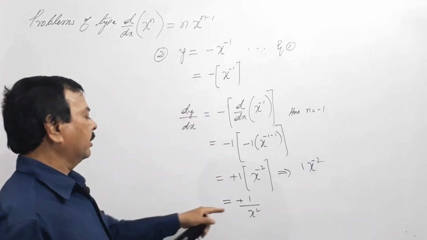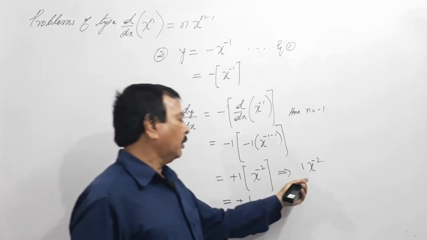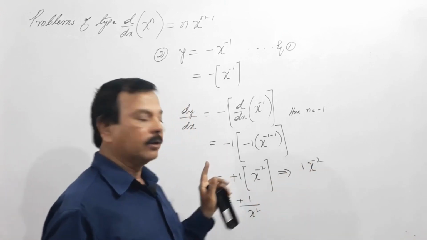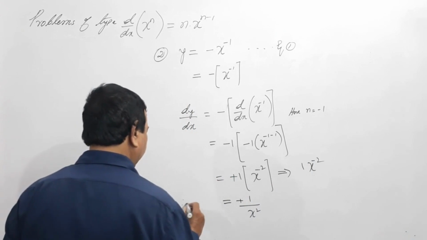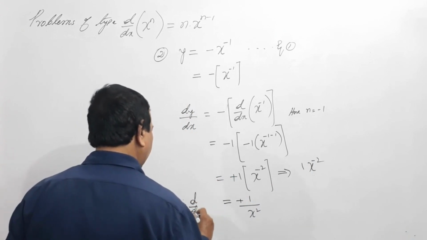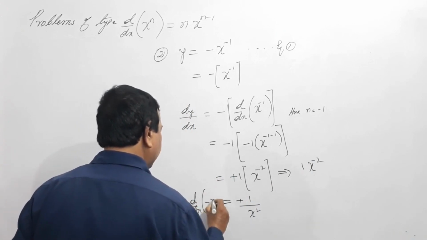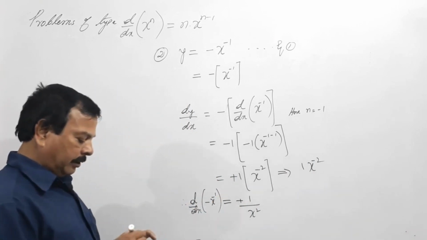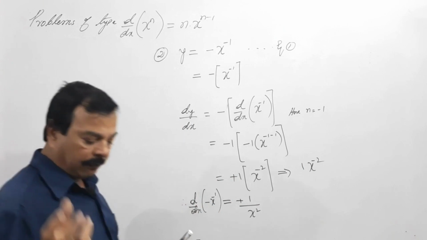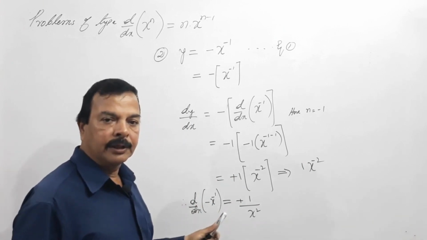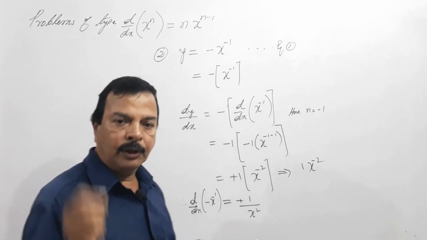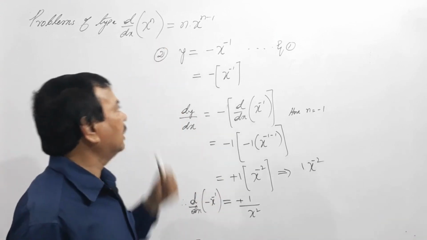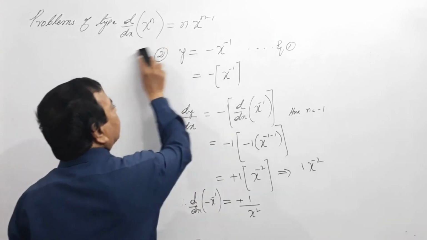That is, I have brought this to the denominator, so this minus becomes plus sign. So therefore d by dx of minus x to the power of minus 1 equals this. So a problem which looked difficult for you, I made it easy. All problems are easy, only thing you have to bring it to the standard form and differentiate it. Let's go for the next problem.